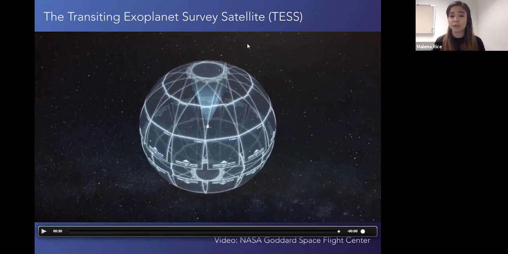TESS's cameras are very conveniently aligned parallel to this ecliptic plane, which means that distant solar system objects that move within or somewhat close to the plane cover only a small orbital arc over the span of the TESS mission. The objects we're interested in are very far away, and they should just be moving effectively from left to right.